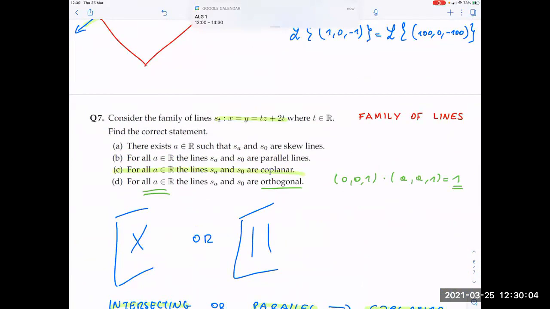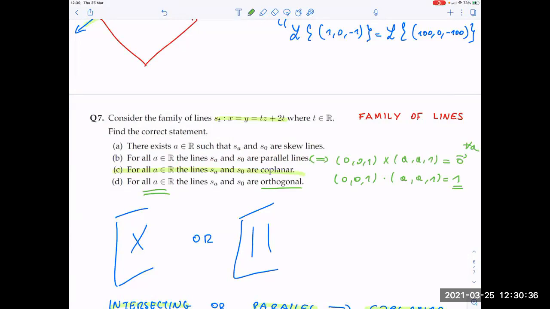They are never orthogonal. And if you look at this one, it says they are parallel for all values of a, which means that (0, 0, 1) cross (a, 1, 1) should be 0 for all values of a. But this is not true, right? Just take a equal 1, it is not true.